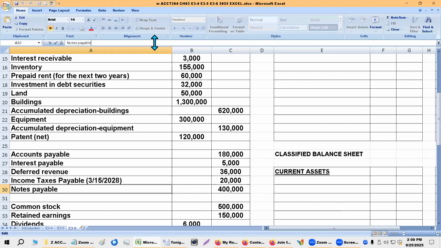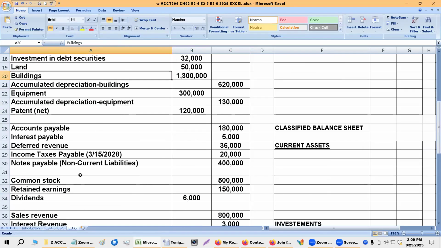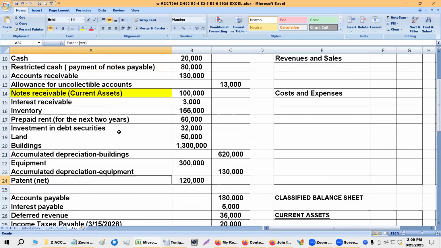These will be long termers. They like to call them non-current liabilities. Just marking these so you know we already did them.